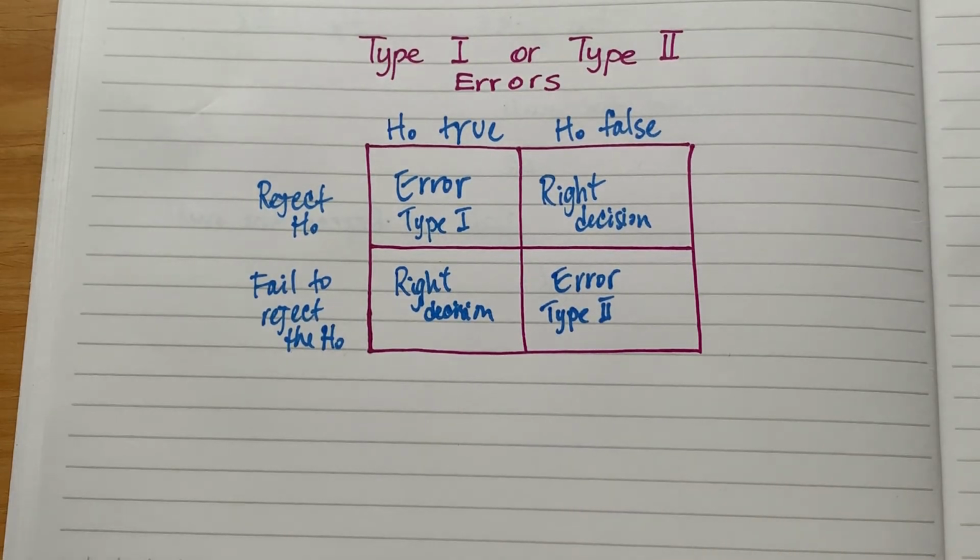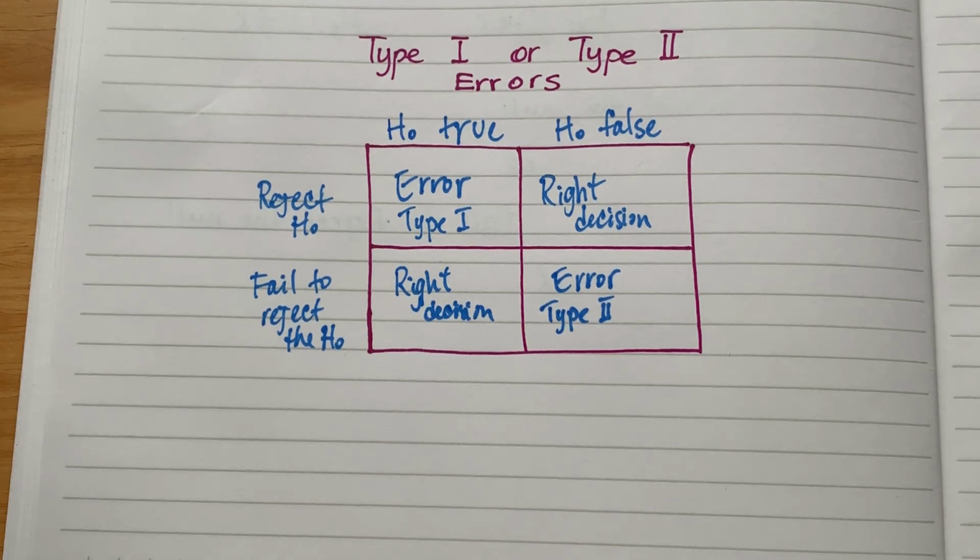Another example that I really quickly want to go over is going to help you with understanding. We're having a criminal trial and we have a defendant who is really guilty. Then I need to prove beyond all doubt that that person is guilty.